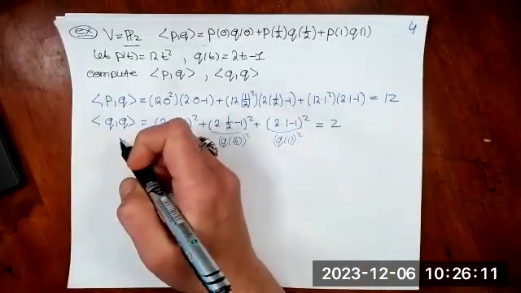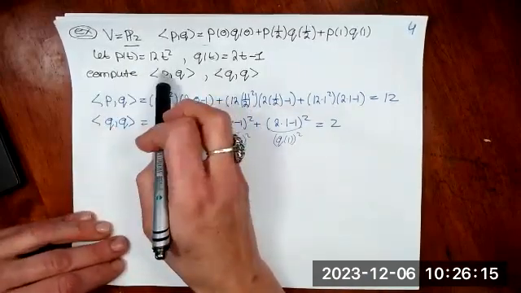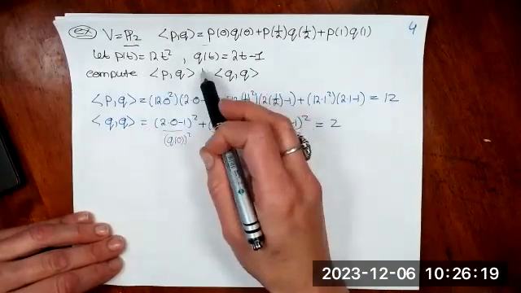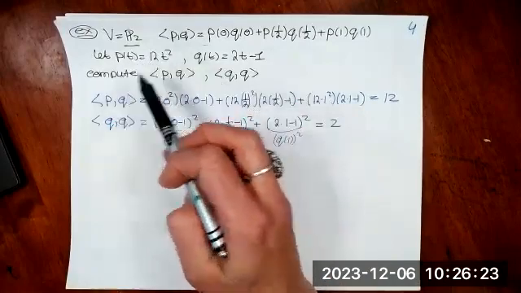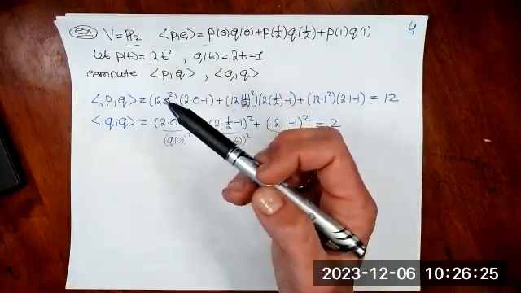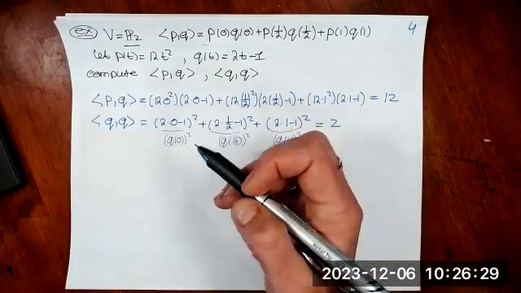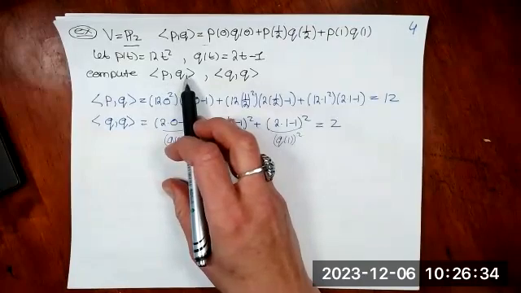Now, if I have two polynomials given to me, so suppose P is 12t squared and Q is 2t minus 1. I mean, they could be any polynomials of degree at most 2. If I want to compute the inner product of P and Q, you just follow the formula.